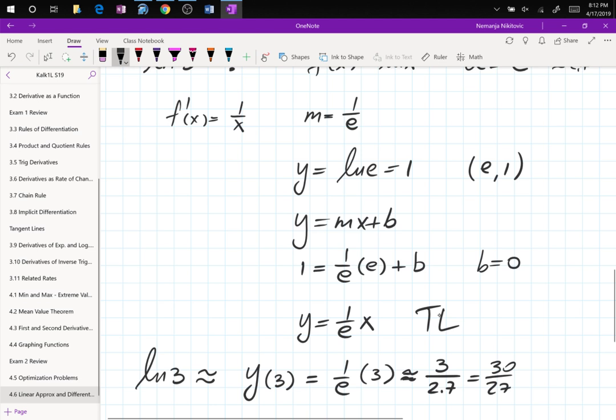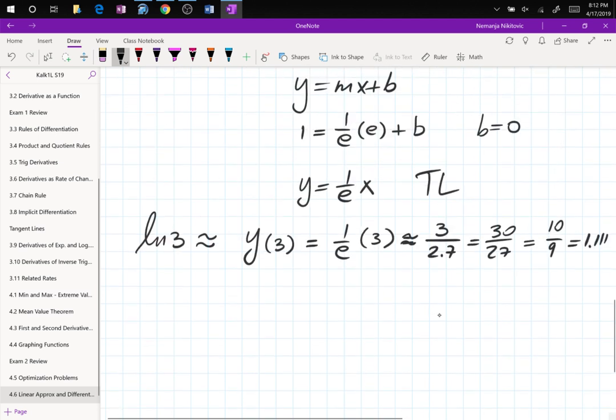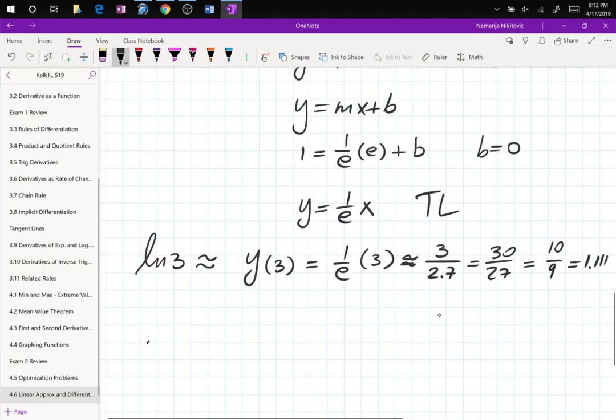Divide both by 3 is 10 over 9. So it's like 1.1, right? Yeah, 1 forever. So this is 10 over 9, which is 1.111 forever. So I calculated by hand, without use of the calculator, that ln3 is about 1.1111 forever, repeating.